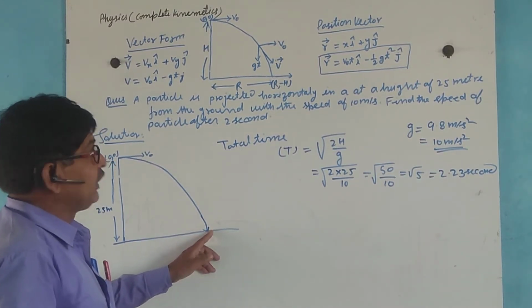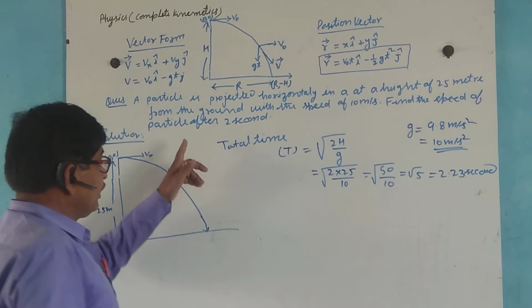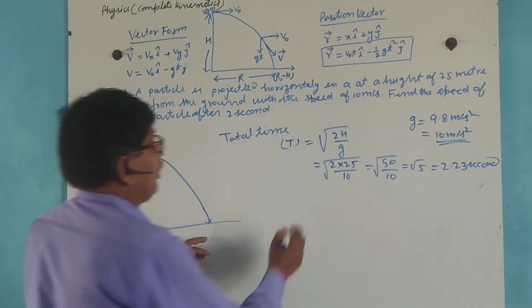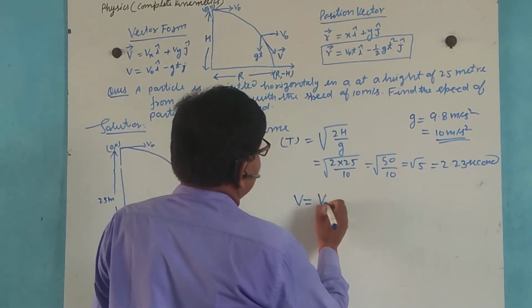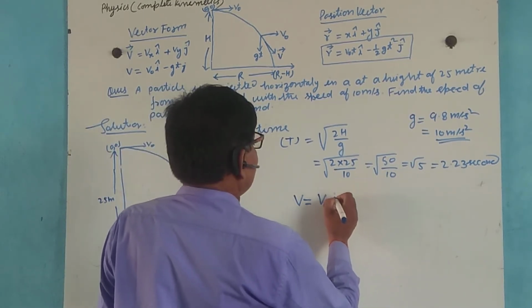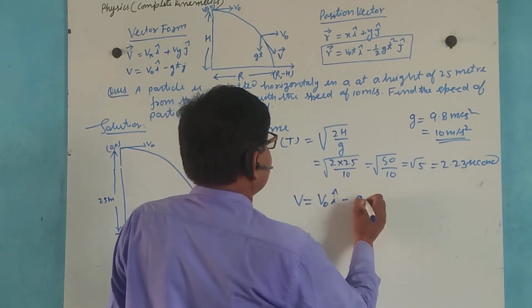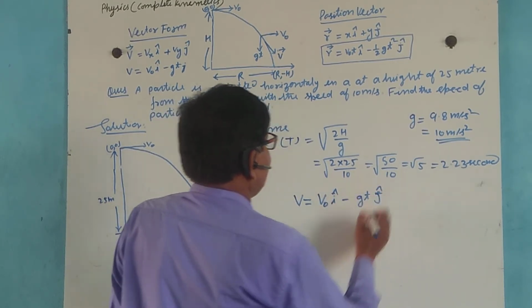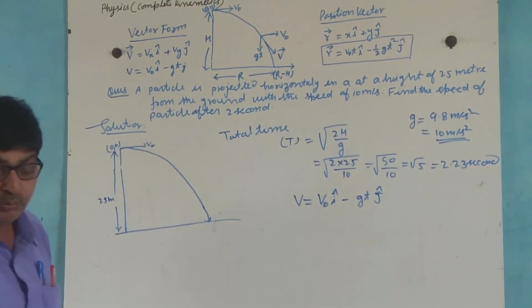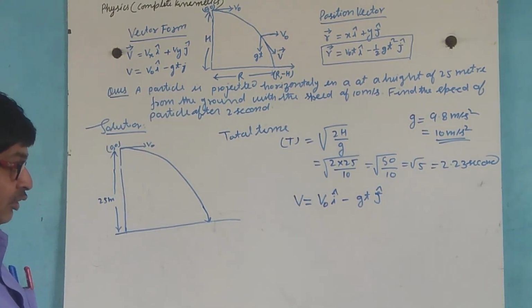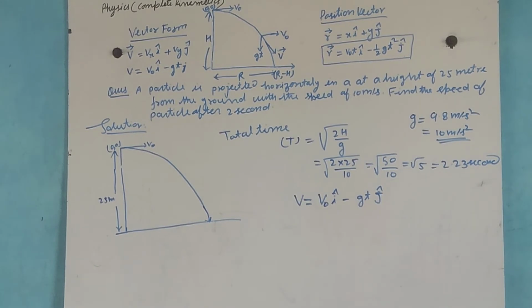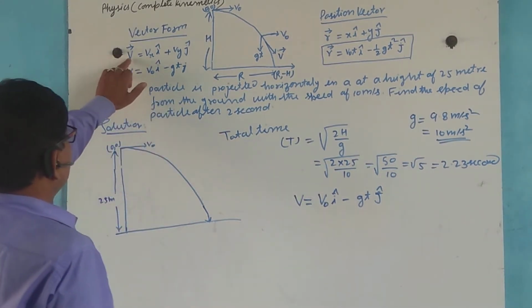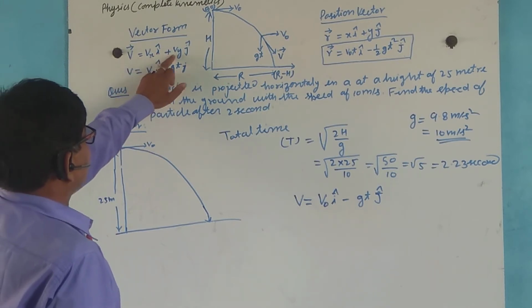Now we take the particle velocity after 2 seconds. For this, v equals v0 i cap minus gt j cap. We write this in vector form, so that v equals vx i cap plus vy j cap.